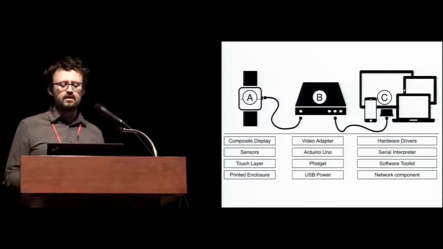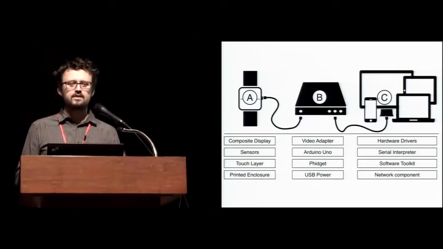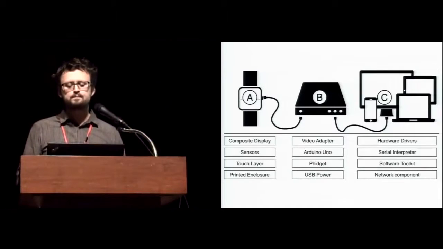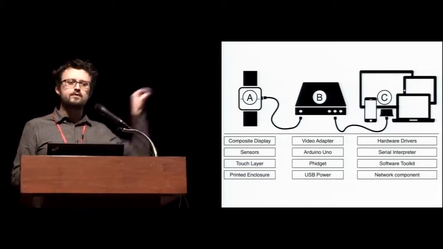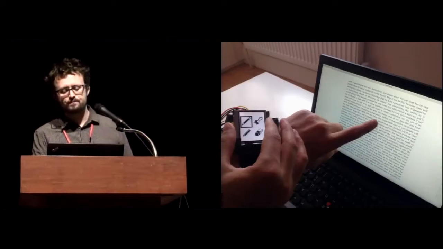As we can see here in the architectural drawing, the watch probe is basically a composite display with a number of add-on sensors that is then connected through a wire to a mediating platform that has a number of microprocessors, power and whatnot. And this mediating platform is then connected to the computer that we actually want to prototype on.